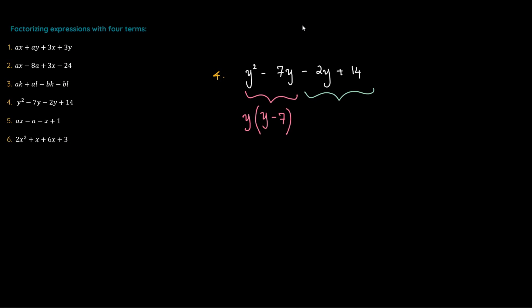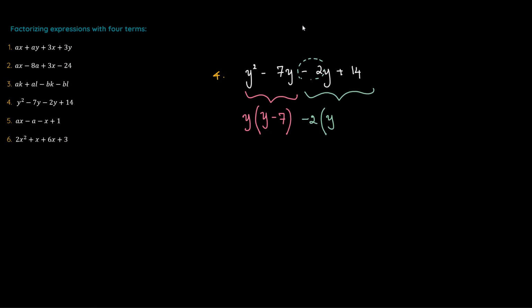And from the second one, now we have to keep in mind what our first bracket was, because that's what we need to recreate in the second one. And what we got in the first one was y minus 7, which means I have to make sure that the y is positive inside, which means I'll have to take the negative 2 outside. So we'll take the negative 2 outside, and if I do that, y is inside, that's positive, and I have positive 14.